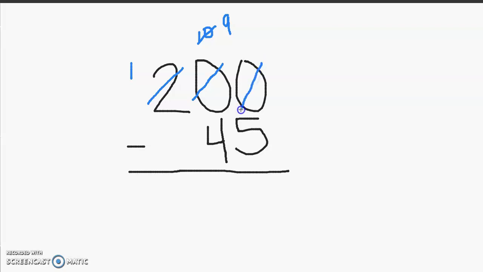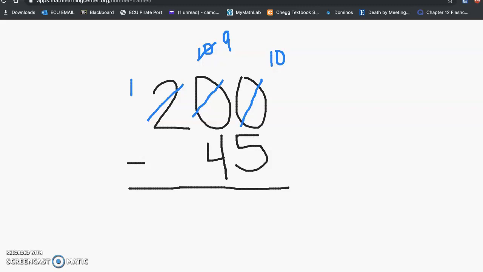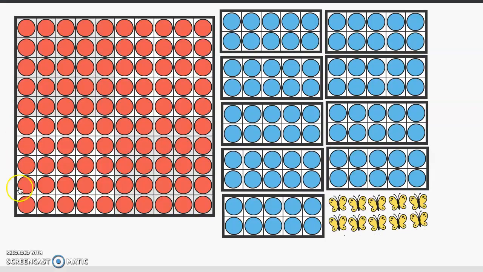And so we mark this out and make it 10. That is shown here, all that regrouping we just did.